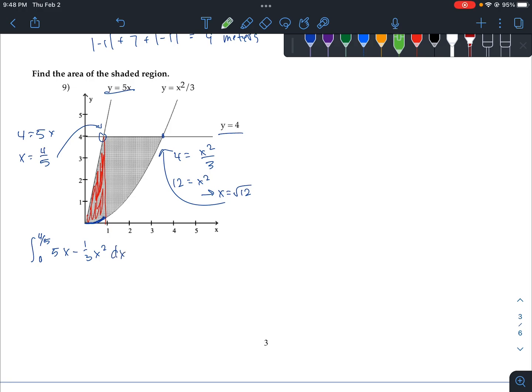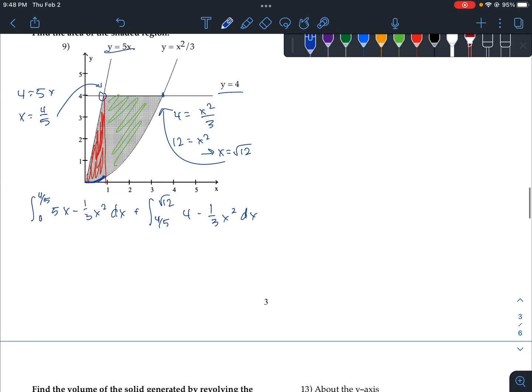And then for this region right here, I'm going to want to do the integral from 4/5 to square root of 12 of the top function, which is just going to be 4, minus the function that is below it, so 1/3 x squared dx, and add those together.